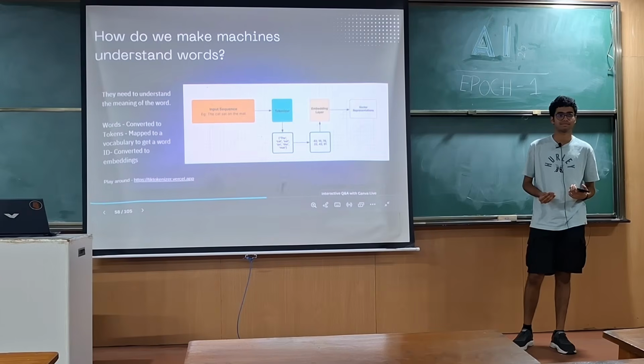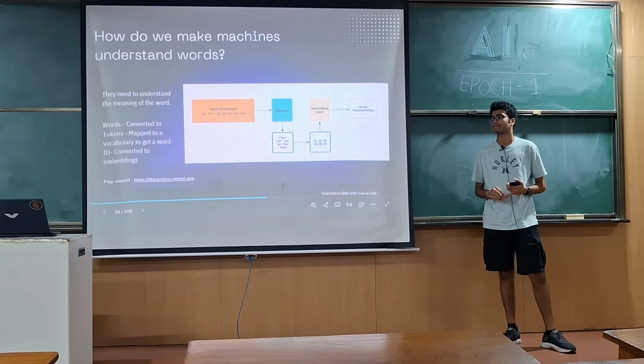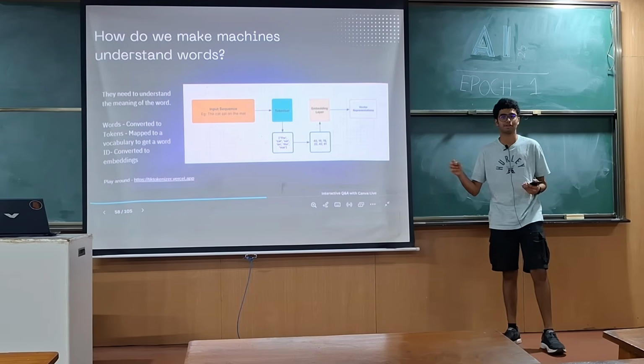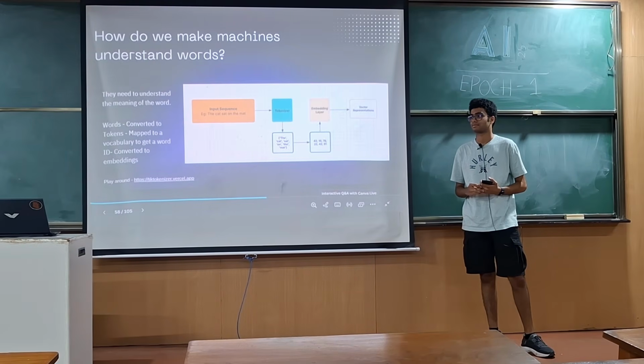GPT-3 came up with 50,000. GPT-4o uses 1 lakh. This is vocabulary. Gemini uses like 2 lakh words, but the dimension they encode these 2 lakh words in is like 5,000.